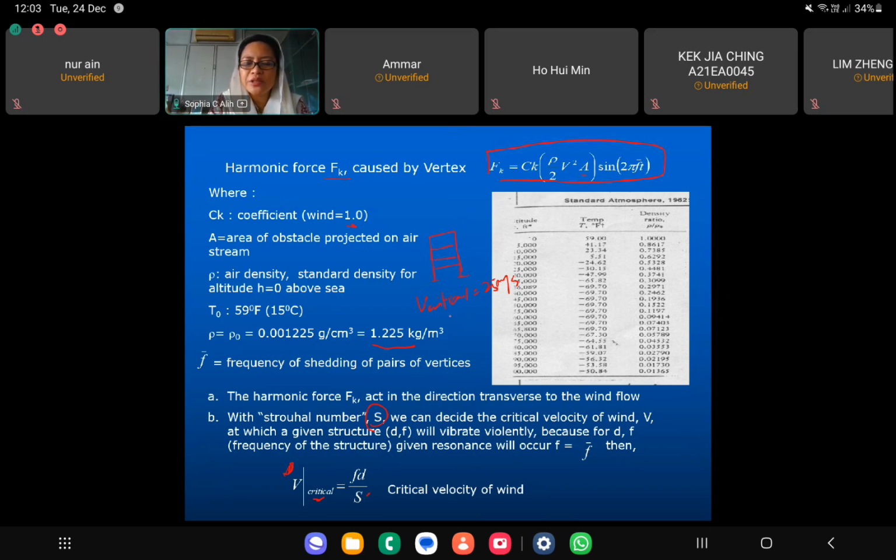In Skudai, I check the Malaysian National Annex, the basic wind speed is 30 meters per second. Now, do you think this structure is going to be safe or not safe when it comes to vortex excitation? Think about your answer first. We'll call for someone to give the idea.